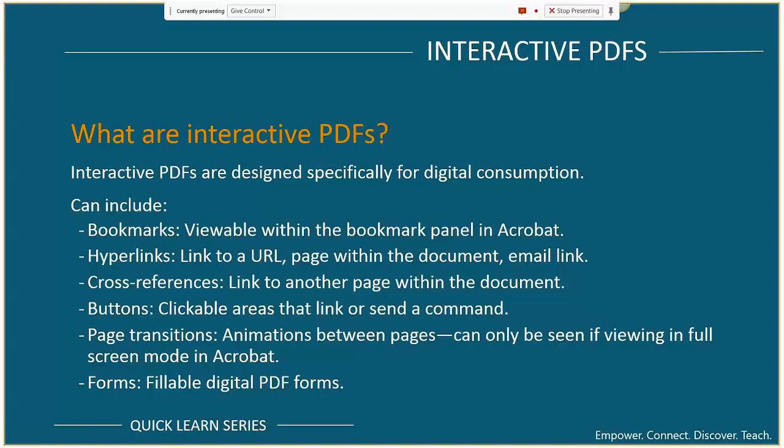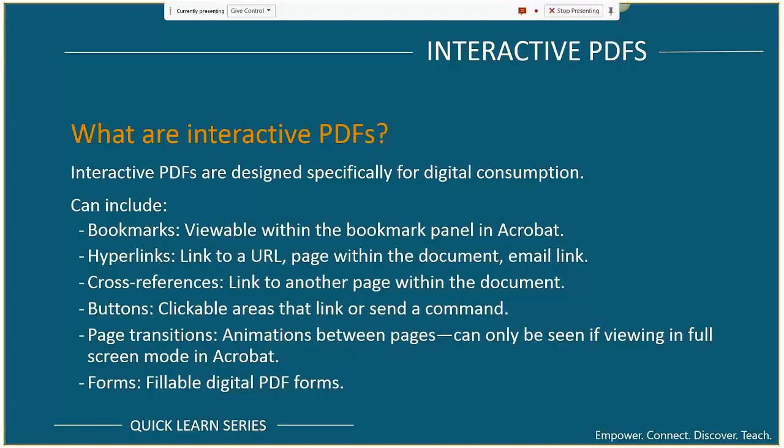When we think about our PDF in that way, we can look more towards creating interactive elements such as bookmarks. Bookmarks is a special panel in Acrobat that allows you to jump to different sections quickly.